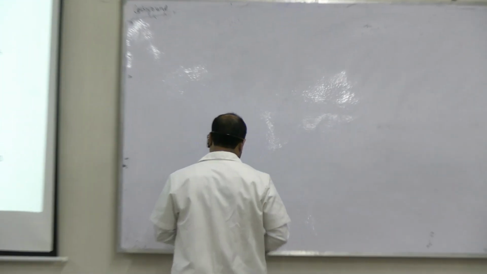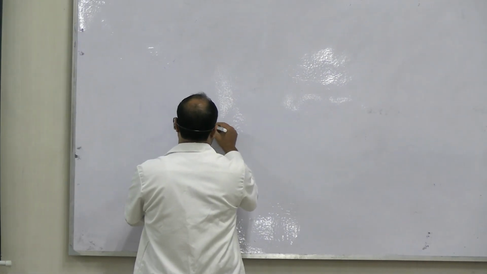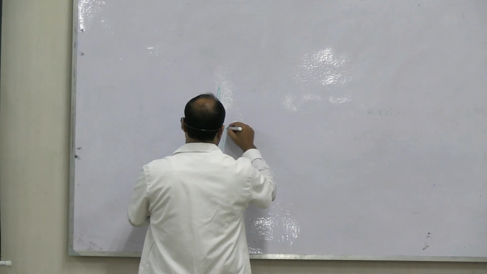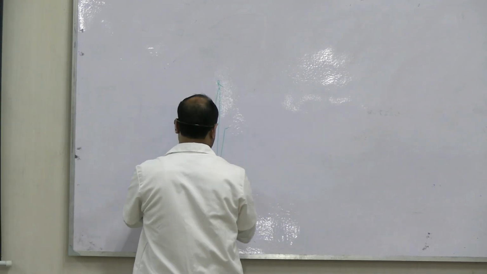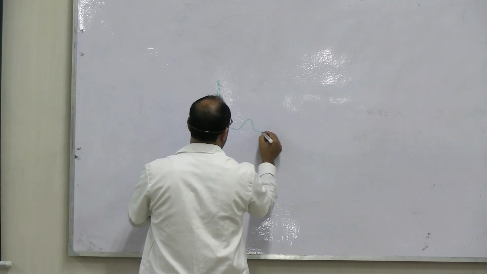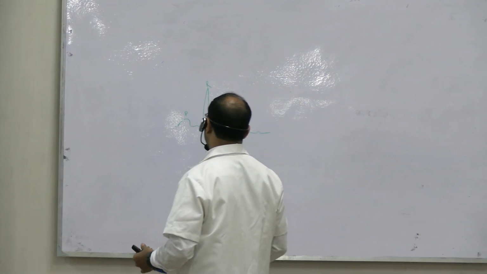So this is a picture of an ECG. This is the P wave. This is QRS, P, T wave, sometimes U wave. Okay, the arbitrary picture.